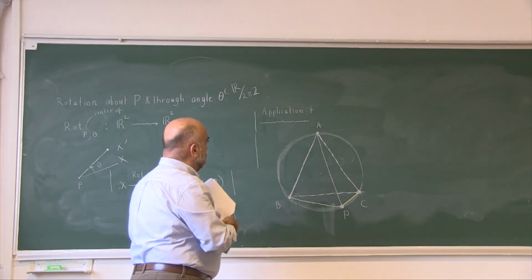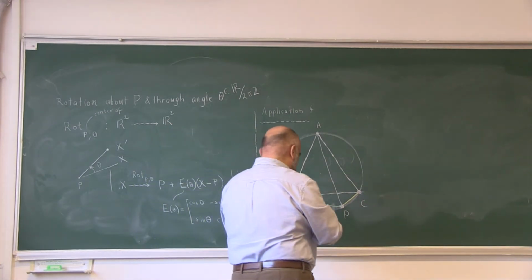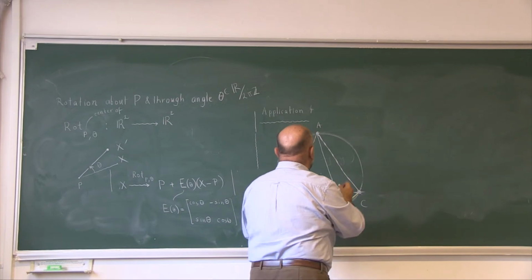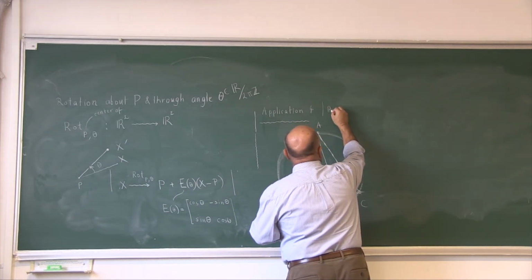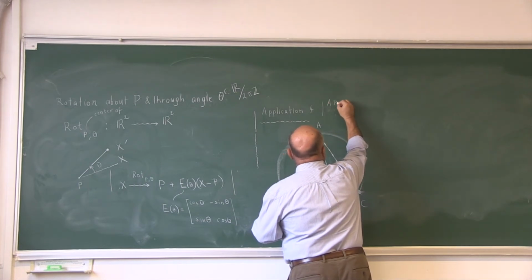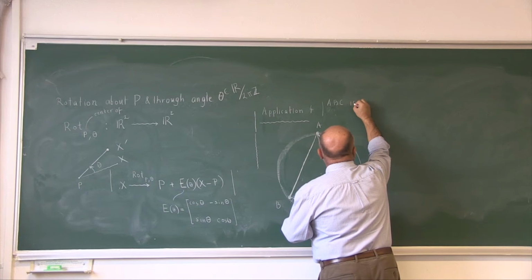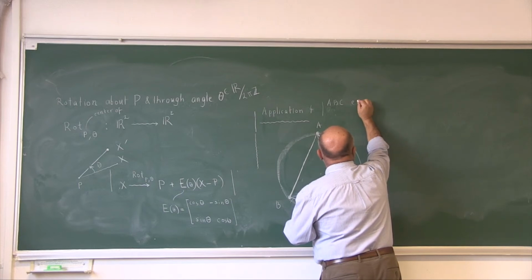So the result, you might like to consider this as a classical problem. Prove. So let me note, ABC is equilateral.